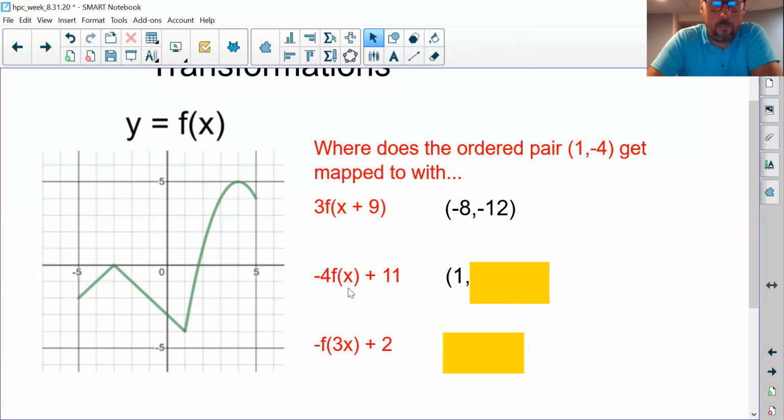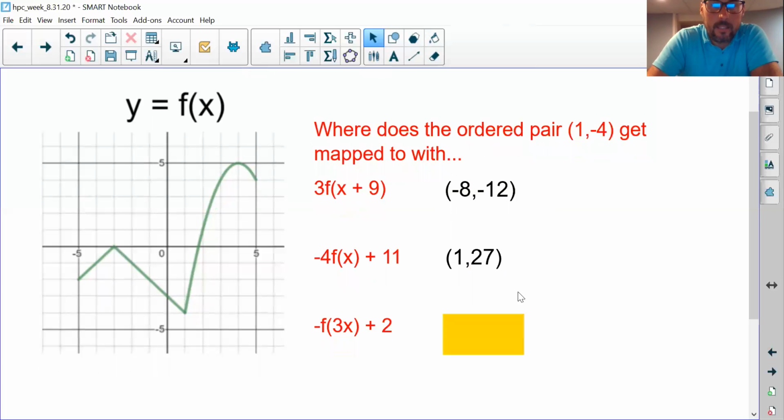You're kind of following order of operations. So all the y values get multiplied by -4. They get flipped upside down and they get stretched. So this y value, -4, would become positive 16. And then after you do that, you add 11 to those y values. So 16 plus 11 is 27. So 1, 27 is our ordered pair.